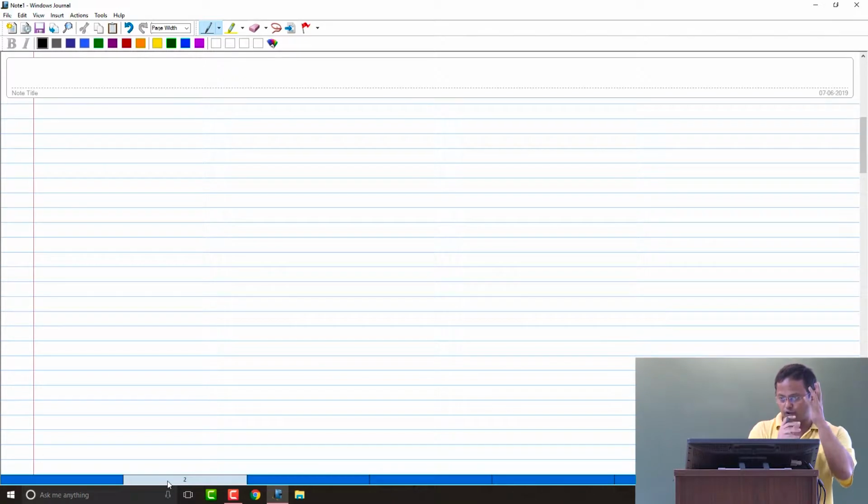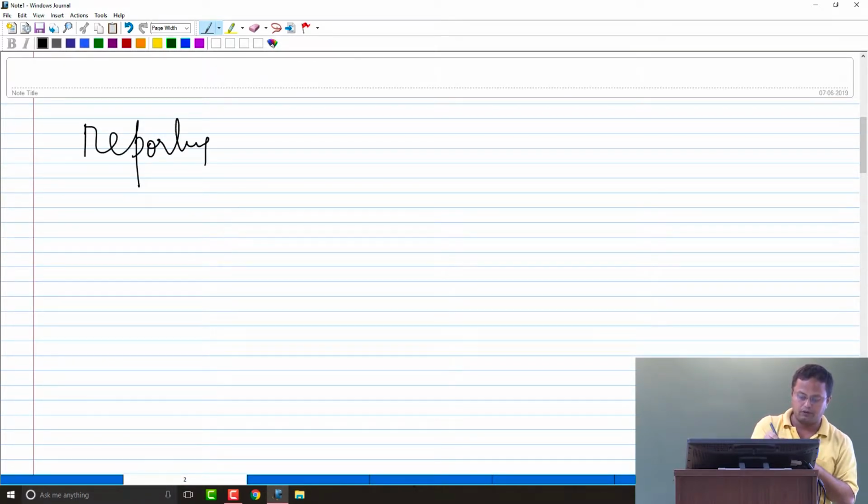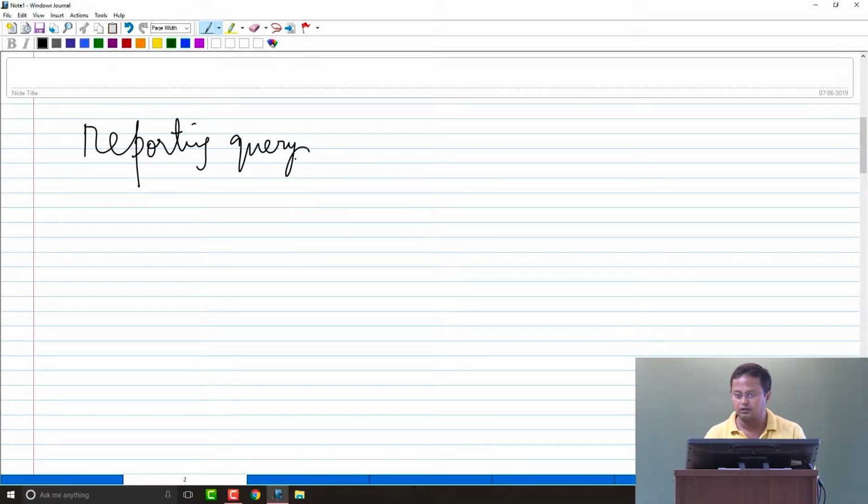You had to report the points that lie inside this query rectangle Q, all the points that lied within the rectangle Q.